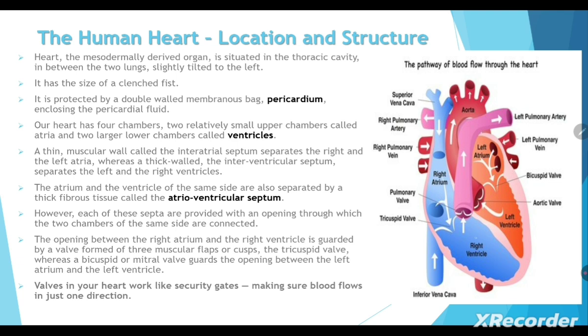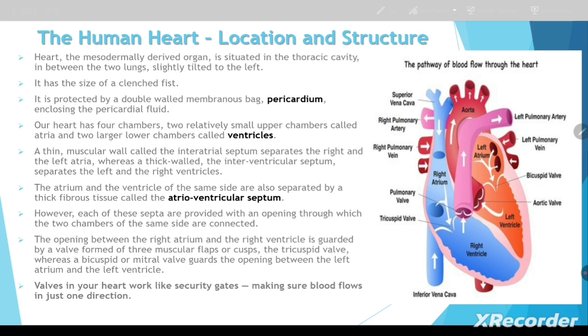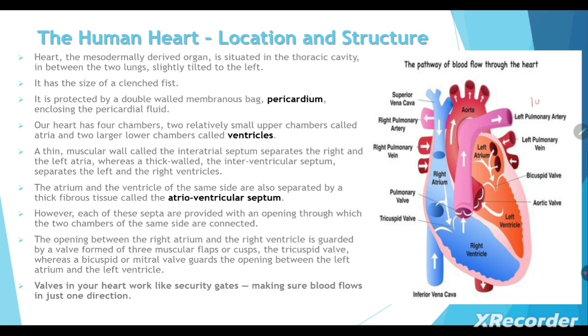And where does it go? It goes to the lungs, okay. So the deoxygenated blood from the right atrium to the right ventricle moves to the lungs through the pulmonary artery.